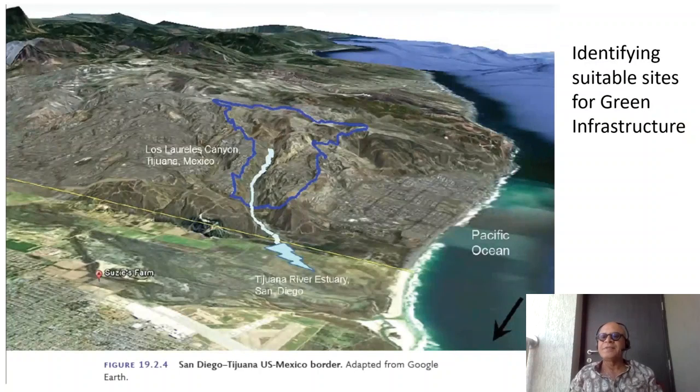This is the site that we talked about before in terms of the community site, so we called it something in the previous chapter. The unique thing is that it is on an international border between San Diego and Tijuana, Mexico, and the idea is to remember that watersheds don't care about boundaries put up by human beings.